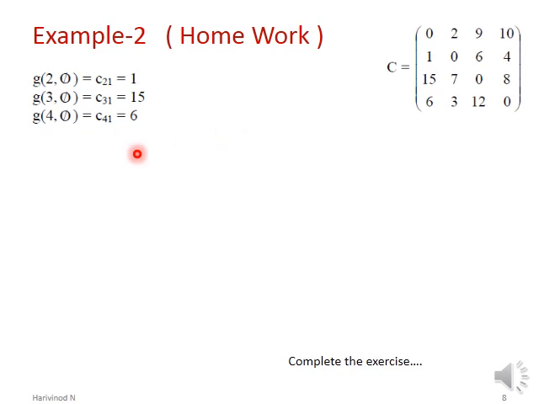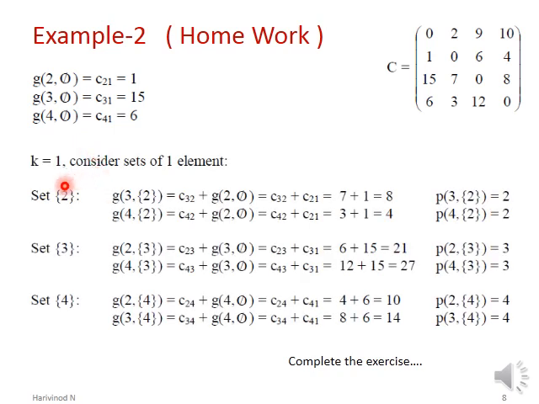The next iteration, we need to consider set S with only one vertex. The total number of elements in set S should be 1. So different possibilities for us are: S can be the set having only 2, or only node 3, or node 4.